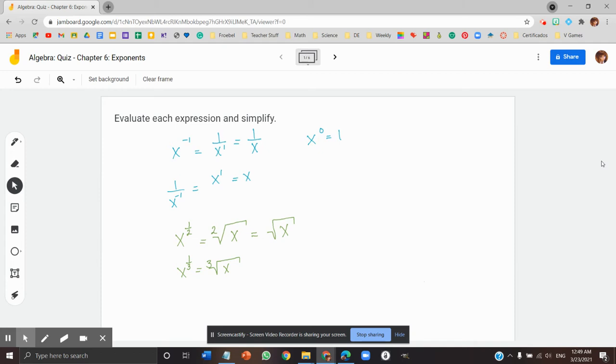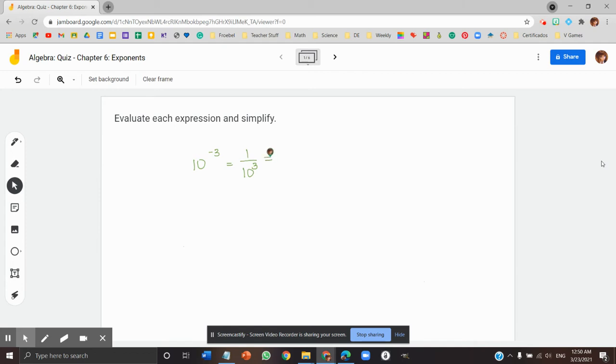Let's do some exercises. Let's do some examples. Those were just the general rules, right? So for example, if I have a number raised to the -3, for example, 10 to the -3, how can we solve this? Well, all I have to do is put it over the 1, and I'm making that exponent a positive.